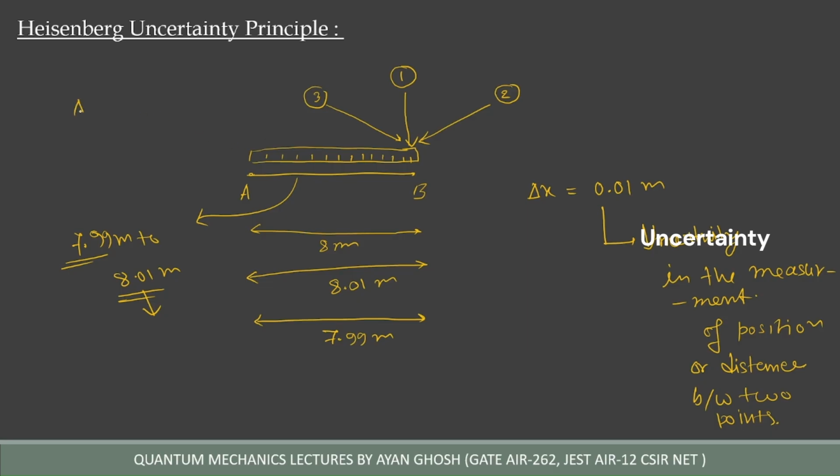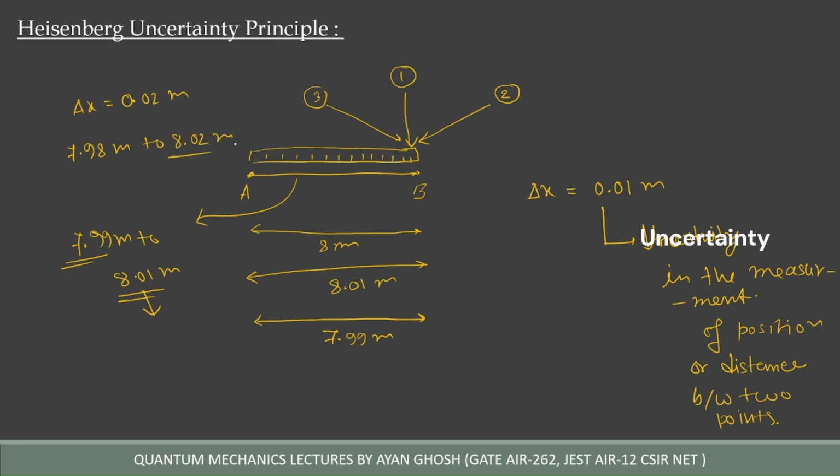Similarly, if the uncertainty delta x is 0.02 meter, then if any measurement is done on the same distance from A to B, one can get a measurement from 7.98 meter to 8.02 meter.